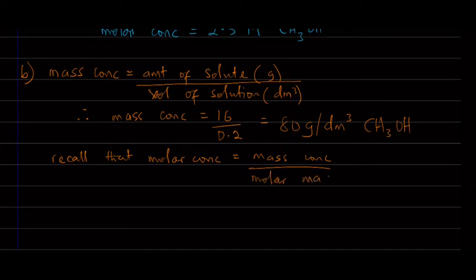So in that case, our mass concentration, as we have solved it, is 80 gram per dm cube, while the molar mass is 32 gram. So that will also give us 2.5 mole per dm cube.